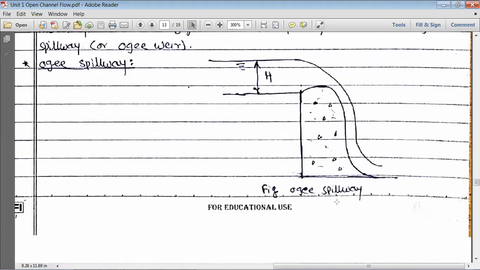Title: Ogee spillway. Draw this diagram. Okay, have you drawn the diagram?